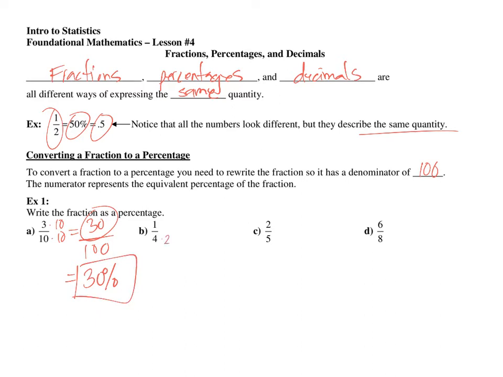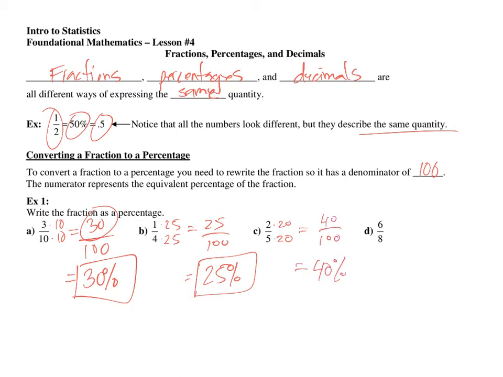Well, there's 4 quarters in a dollar. 25 over 100. So we have 25%. Next one, 2/5. 5 times what is 100? That would be 20. 40 over 100. That's 40%.